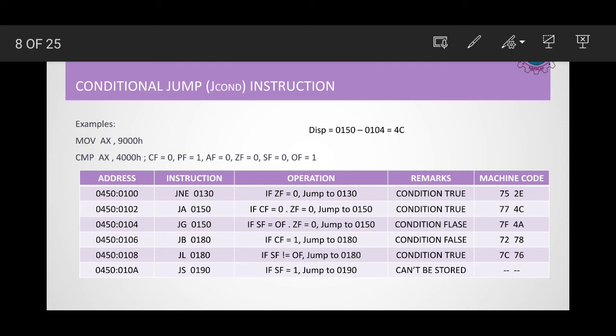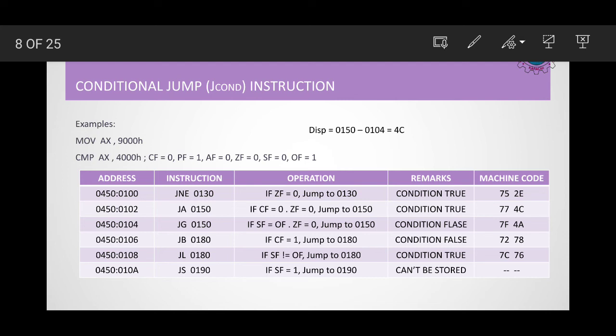So 9000 is a negative number and 4000 is a positive number. If you test the condition for JG, 9000 greater than 4000, that is not true, because 9000 is a negative number and 4000 is a positive number, and a negative number cannot be greater than a positive number. So the condition for JG has failed.